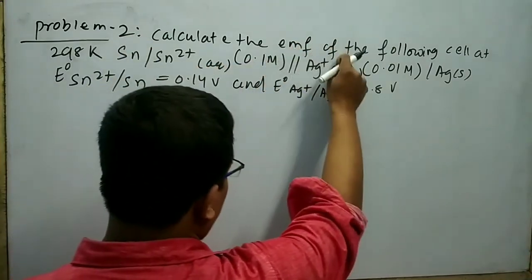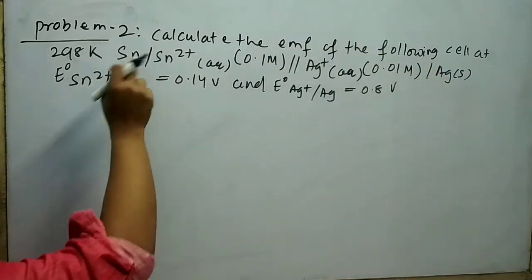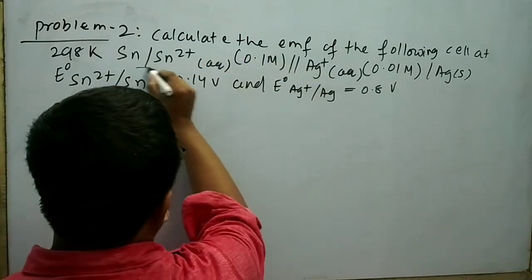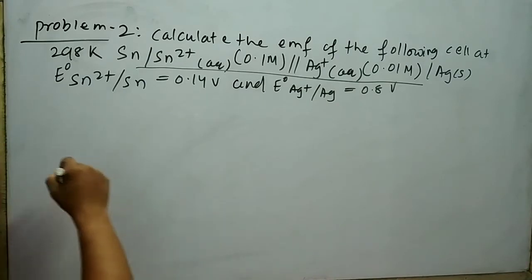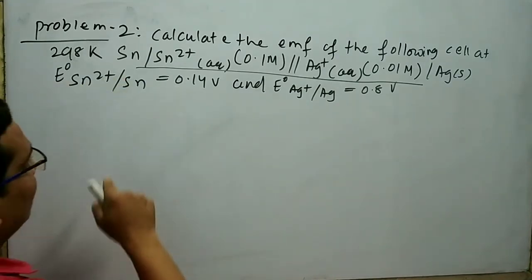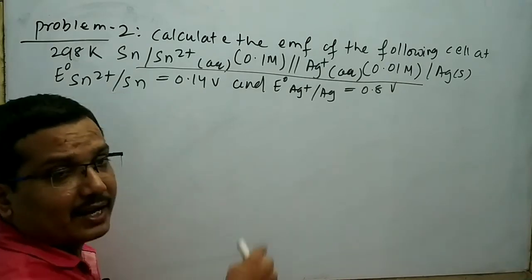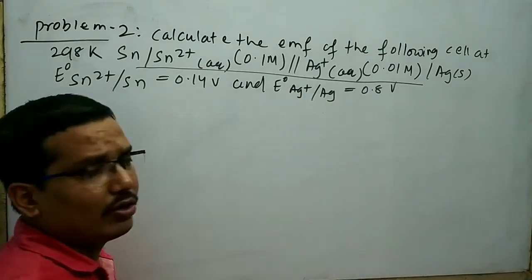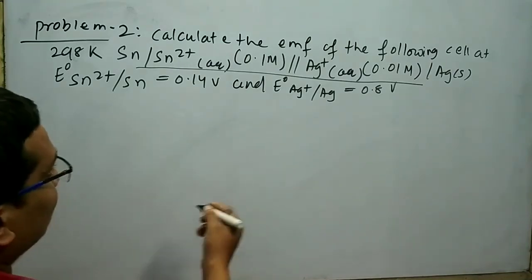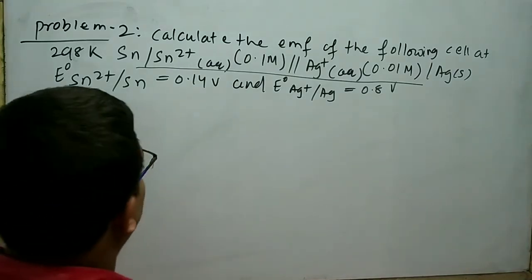Calculate the EMF of the following cell at 298 Kelvin. The cell has the cell representation shown here. Some data is given: E0 Sn2+|Sn is 0.14 volt and E0 Ag+|Ag is 0.8 volt. Now I am to find out the EMF of the cell.